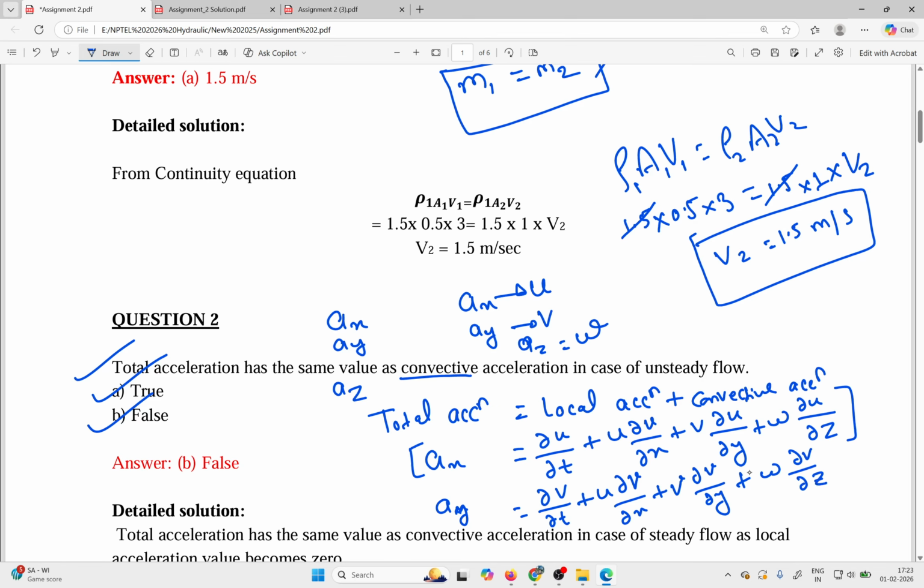This is the equation. Similarly, you can write for the z direction also. Now, this acceleration depends on your flow, whether it's steady or unsteady flow.